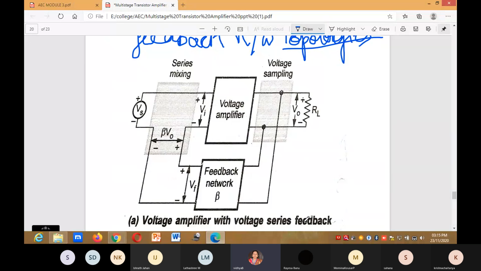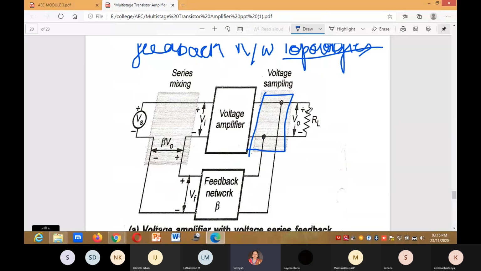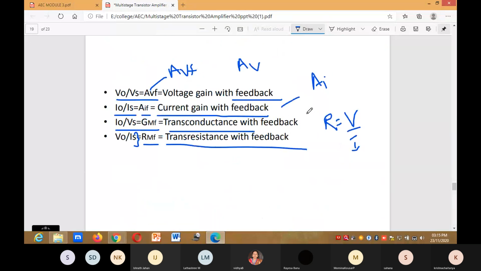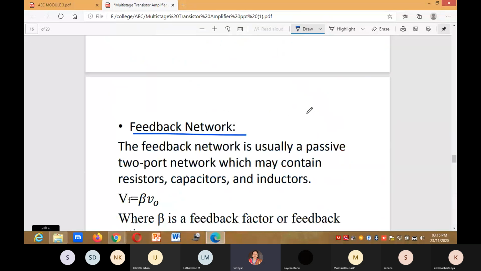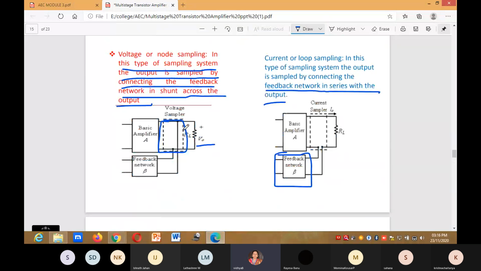We know that for a voltage amplifier, we connect in parallel. You should know the connections. You can observe here the voltage sampler, it is connected in parallel.